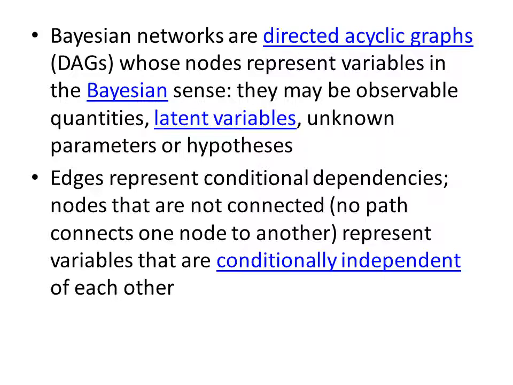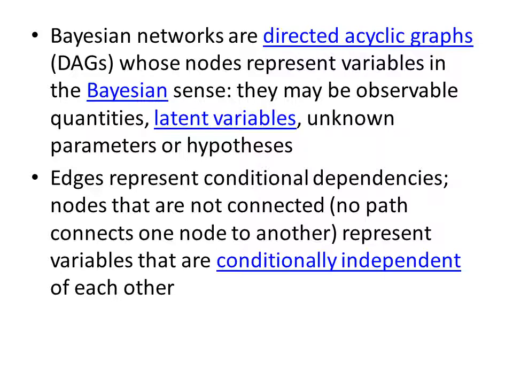Bayesian networks are directed acyclic graphs whose nodes, so since it is a graph, there will be nodes and there will be edges. So what the nodes represent in that graph and what edges represent in that graph. So Bayesian network is a DAG, which is a directed acyclic graph.